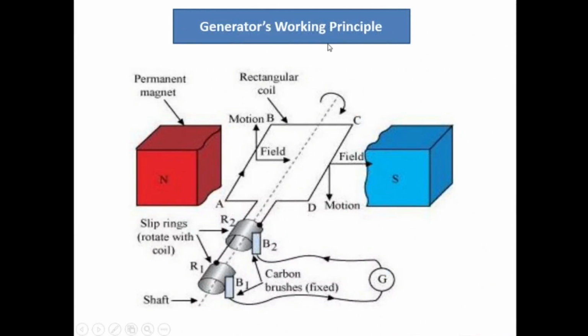Generator's working principle. An AC generator converts mechanical energy into electrical energy due to Faraday's laws of electromagnetic induction. Suppose this is the armature, this is the magnet, this is the shaft. When the shaft is connected with a turbine and the turbine moves, this armature will move and it will cause a magnetic field. As a result, EMF will be induced and current flows through the coil.